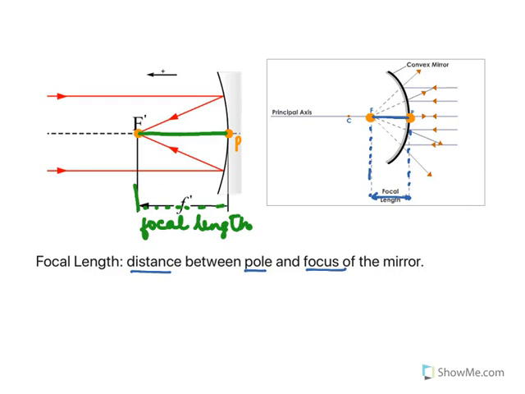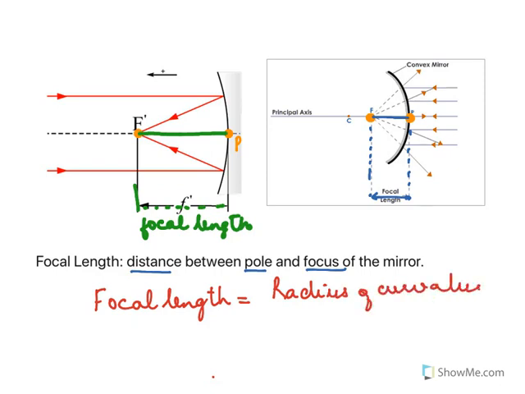Now there's an important relationship we must learn: the focal length is always equal to the radius of curvature divided by 2. We write this f equal to r by 2.